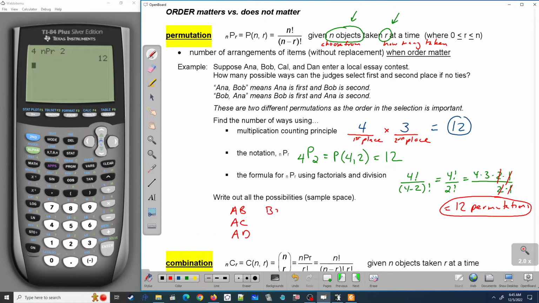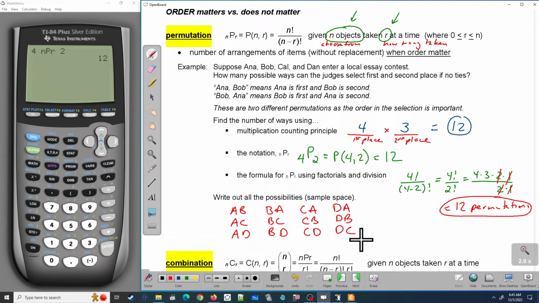But if Bob took first, it could have been BA, BC, BD. Cal could have gone first, but then that would have been CA, CB, CD. And then finally, Dan may have taken first, and the other options are DA, DB, DC. And that's it. Those are all 12 possibilities.